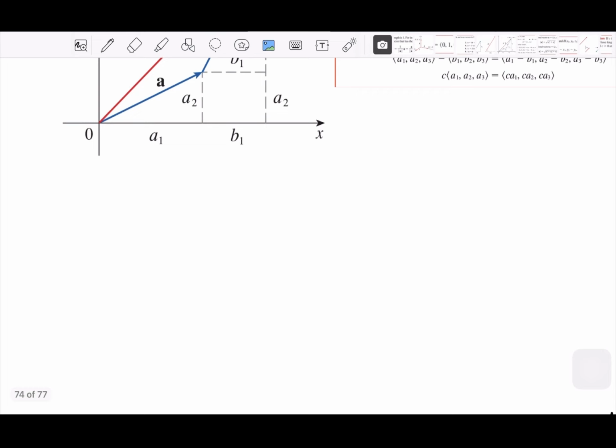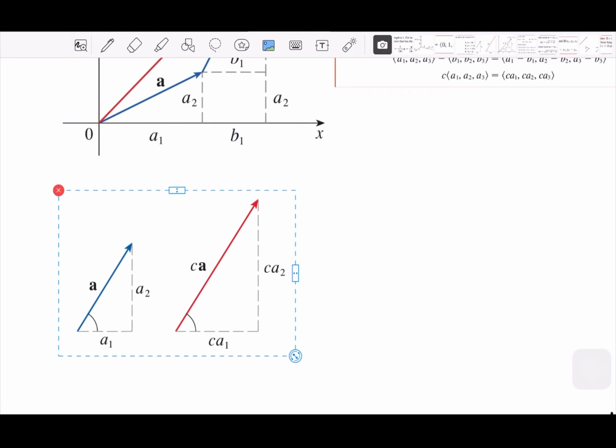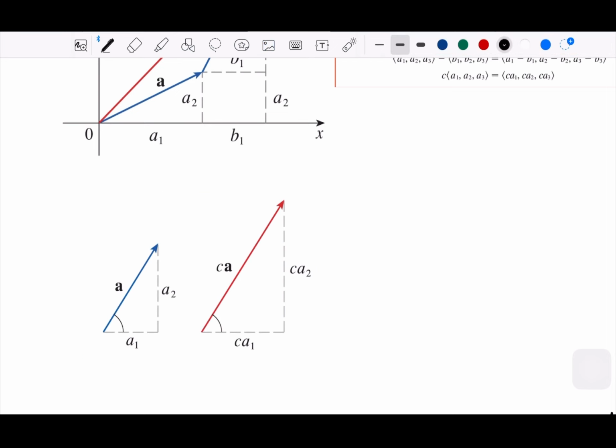Now we can also look at what happens if we multiply with a scalar, which means that the components are also multiplied by the same constant, the same scalar.